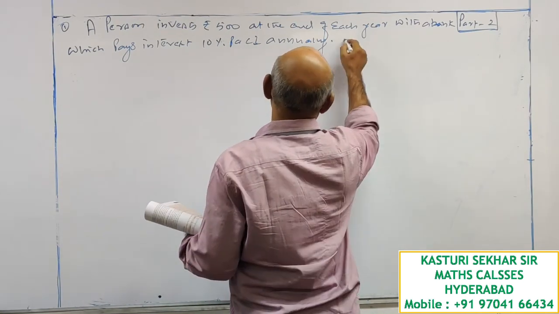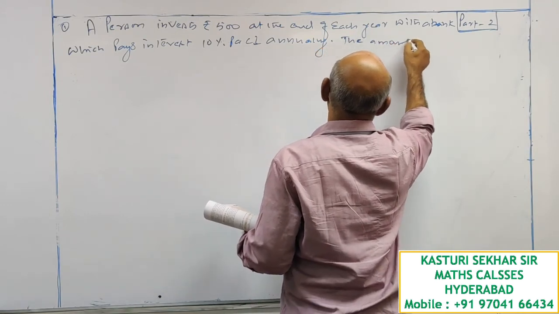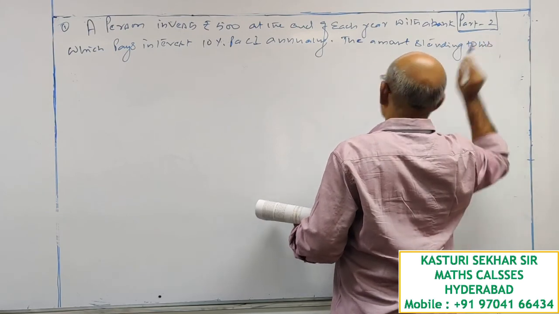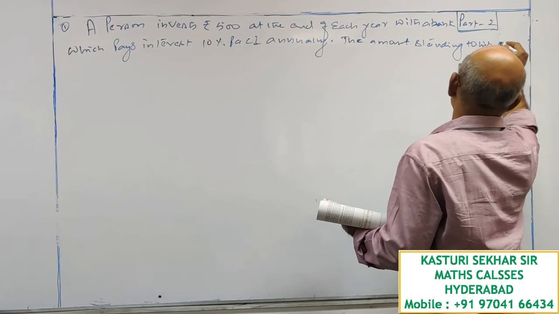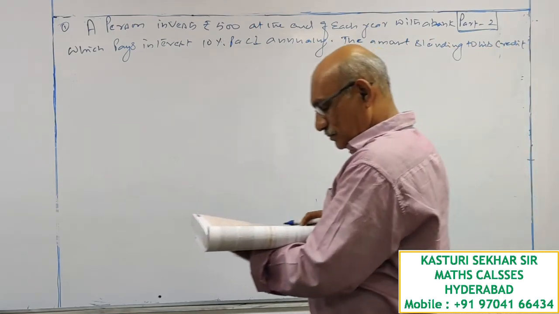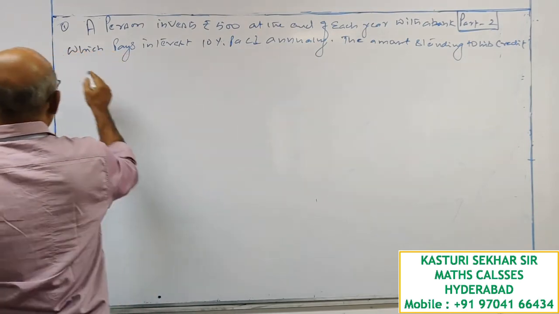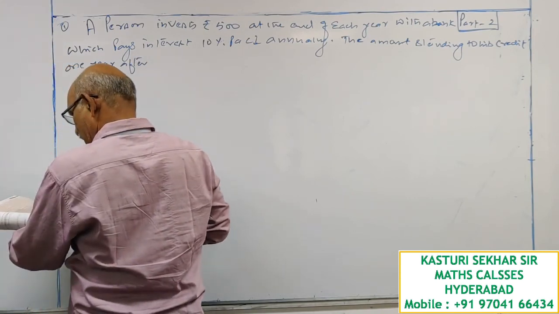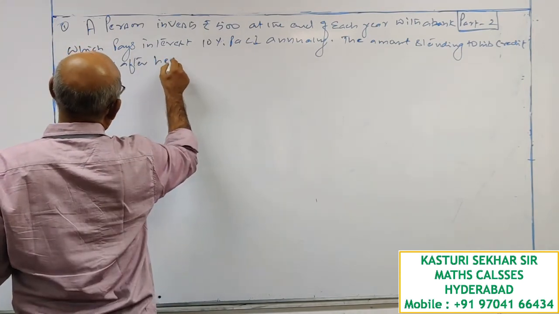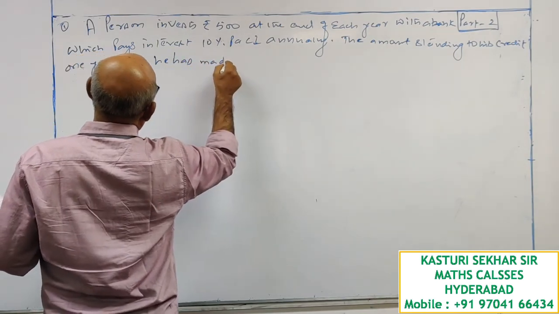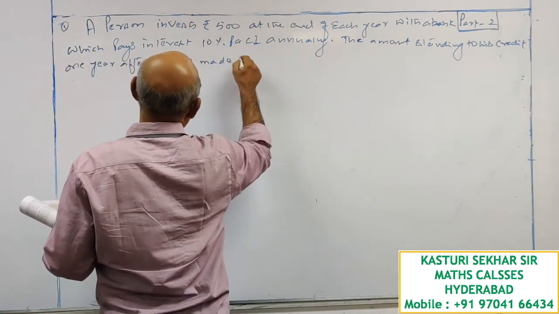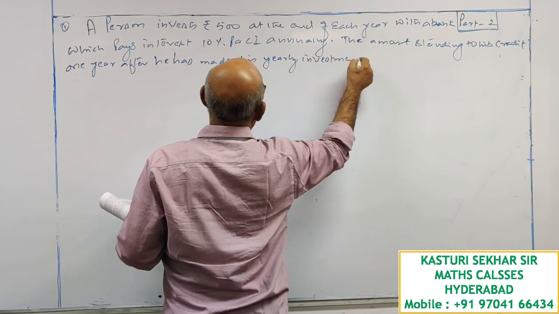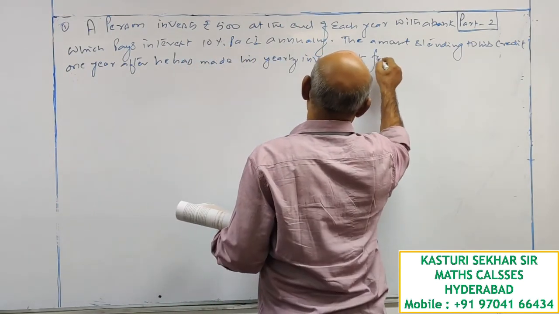The amount standing to his credit one year after he has made his yearly investment for the 12th time.